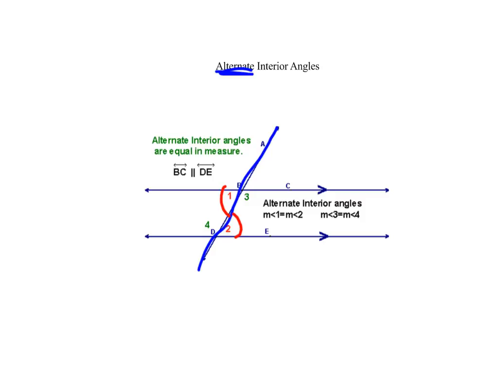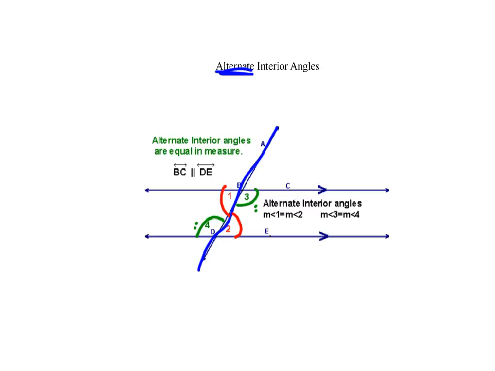And now 3 and 4 are also alternate interior angles. They're on alternate sides of this transversal line, and yet they're still on the interior of those parallels.